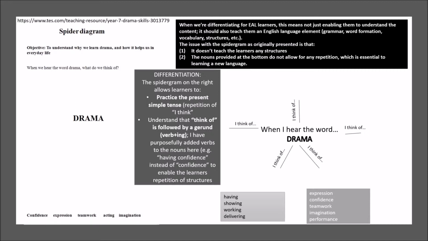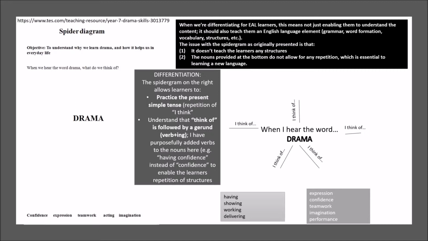Look at the differentiated graphic organizer on the right. We need to give the learners the ability to construct sentences, adding "when I hear the word" to drama, and following these with "I think of" would allow the learners to create a complex sentence.